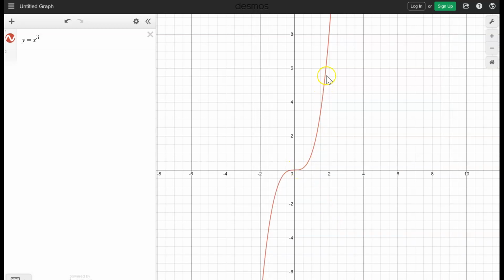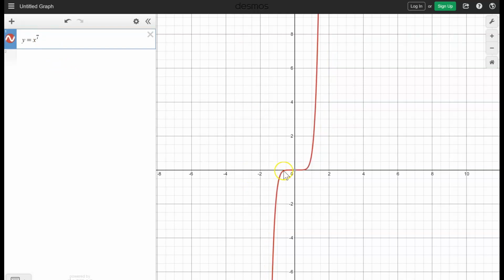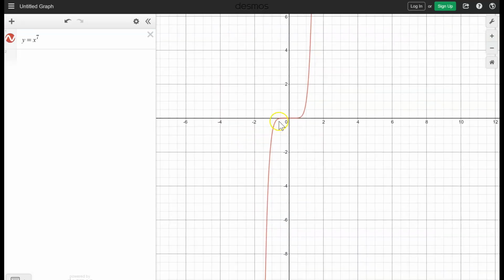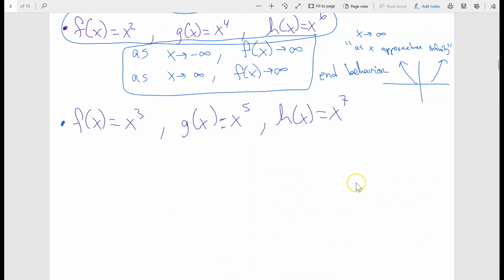They start becoming more positive. Okay? If I change this to a 7, I get exactly the same thing, just flatter here. As x gets negative, my y values also get negative. As x gets positive, my y values also get positive. Okay, so what that says is, what will the end behavior be?